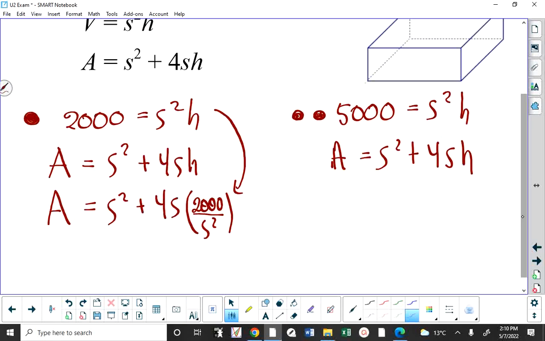The same thing would happen over here. You would have A equals s squared plus 4 times s times, well, rearrange that equation for h. You'll have 5,000 over s squared.